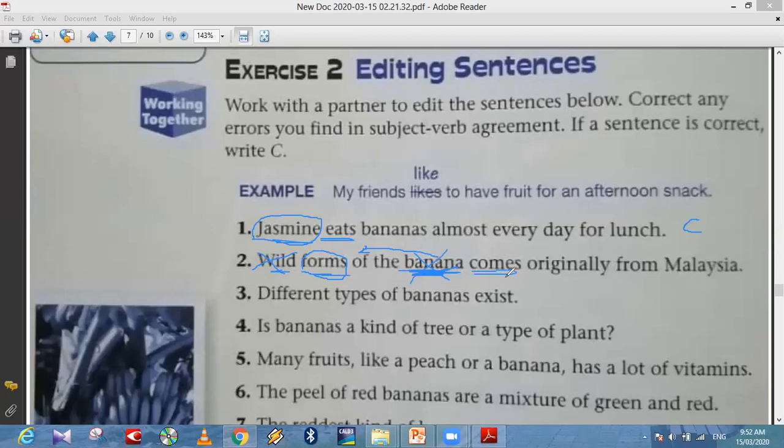It needs to be come instead of comes. That's right. Here, a plural noun forms, so the verb must be in the infinitive form, so please drop the S. So wild forms of the banana come originally from Malaysia. Number 3, thank you, Ahmed.